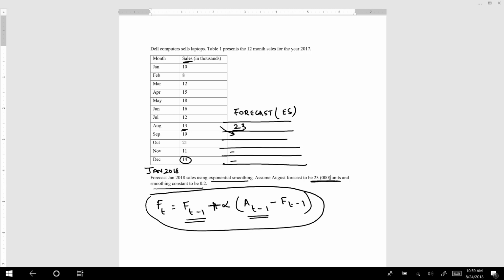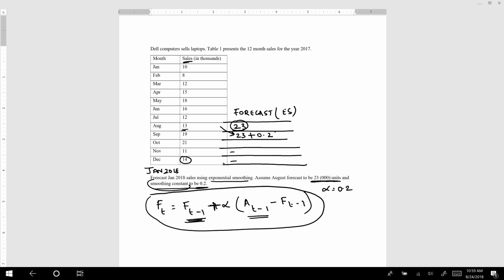September's forecast value. So September's forecast value would be F of t minus 1, that is August forecast, 23, plus alpha, which is given as the smoothing constant, 0.2.